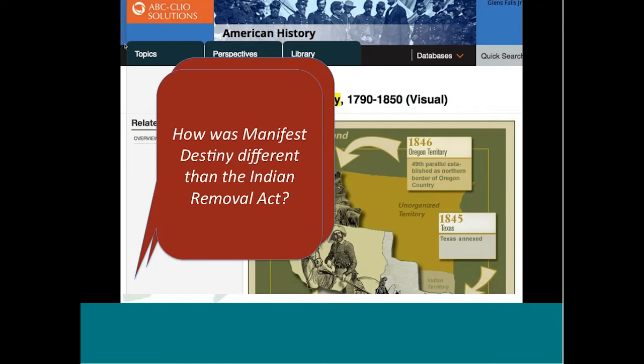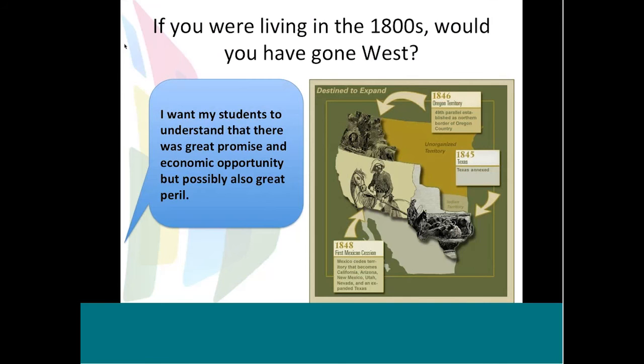In order to answer that, a student has to uncover and discover knowledge and build an evidence-based claim or take a position, find information, find evidence, and really digest it, synthesize it to draw conclusions. Here we go. If you were living in the 1800s, would you have gone west? When I talked to a social studies teacher, I said, UBD-wise, what is it you want, crafting the essential questions, this is about a middle school, let's say. And the teacher said, I want my students to understand that there was great promise and economic opportunity, but possibly also great peril.